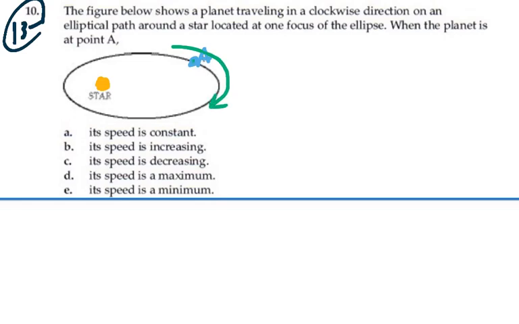And for such an orbit, we know that angular momentum is conserved, and the angular momentum is the mass times the velocity times the radius at any particular point in the orbit.